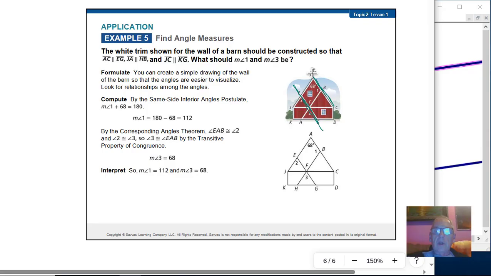So if we look at this here, we can see that angle 1 and angle F need to be supplementary. And also, if this is a 68-degree angle here at the peak of the roof, with this transversal coming across, 68 and angle 2 are going to be congruent because those are corresponding angles.